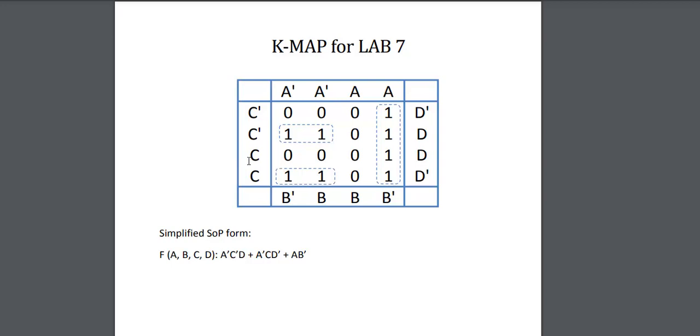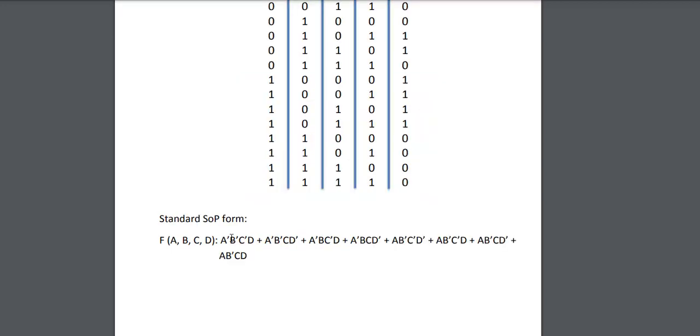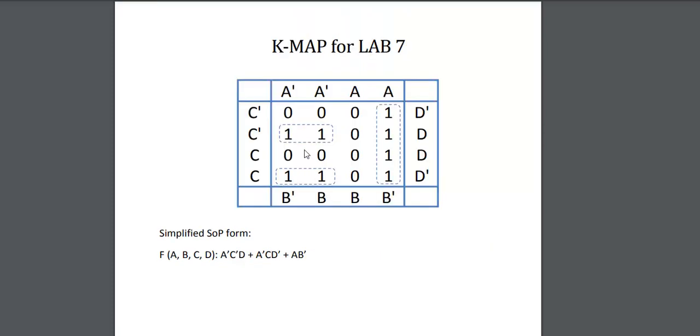Same goes with C and D here. The center two rows are D, and the topmost and bottommost are D complement. The first two rows are C complement and the last two rows are C's. Now using the standard SOP equations, ones are put in their respective positions.